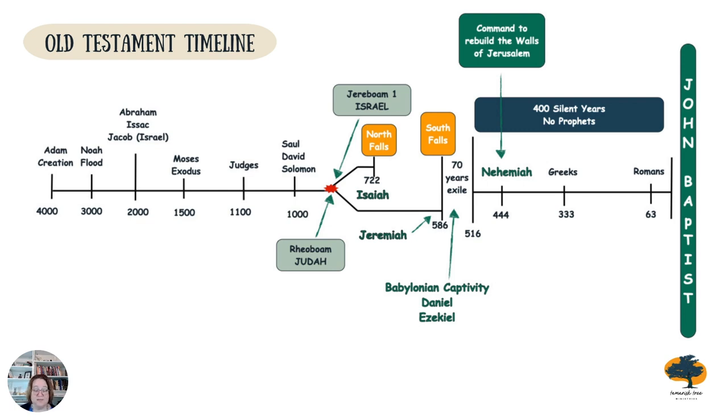Two tribes remained faithful: the tribe of Benjamin and the tribe of Judah, and the priestly tribe of the Levites remained also in the south. And the capital city of Jerusalem is more in the southern, like, it's pretty central. And so what ended up happening is Jeroboam closed the border so that people in the 10 tribes that were in the north could not travel south to Jerusalem, which is the capital city, where the temple is.